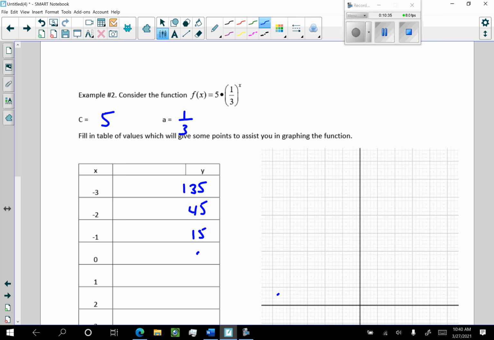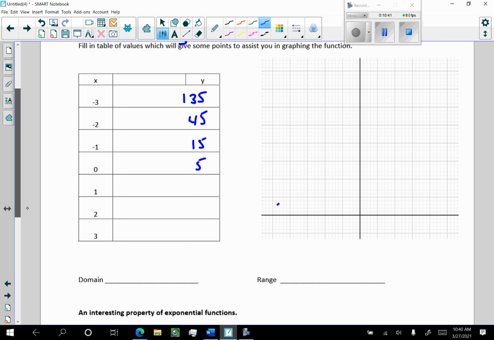Where am I getting these? I am getting these, putting 0 in for x. Those are all 5s there.